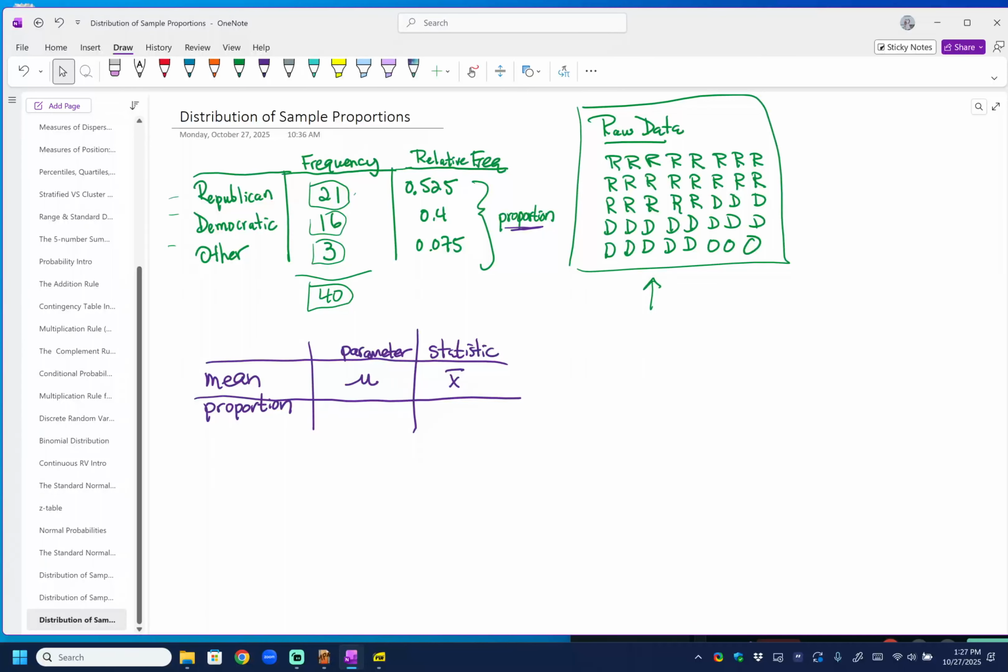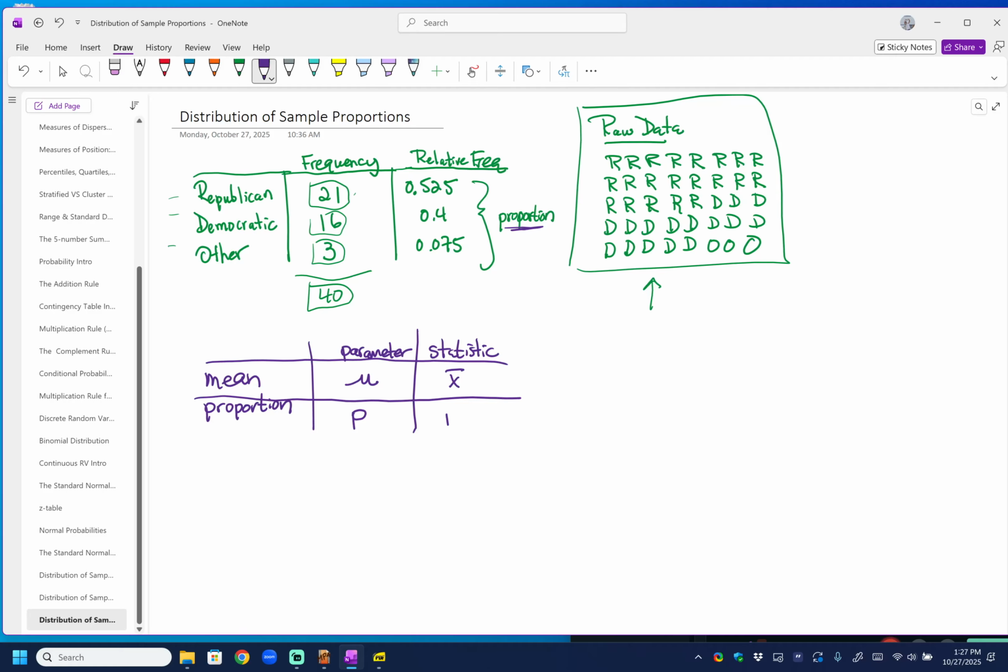We now need the same scenario or setup for proportions. We need a parameter, which we will very conveniently call P for proportion. That will represent the proportion of everyone that has a certain characteristic in the population. But then we need a variable that represents the proportion if we take a sample that has a certain characteristic.